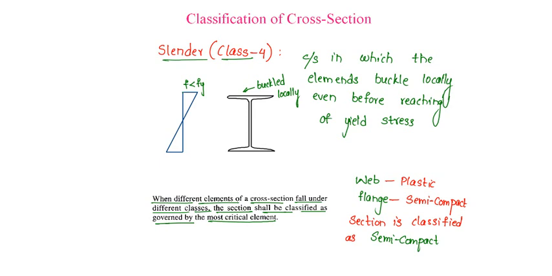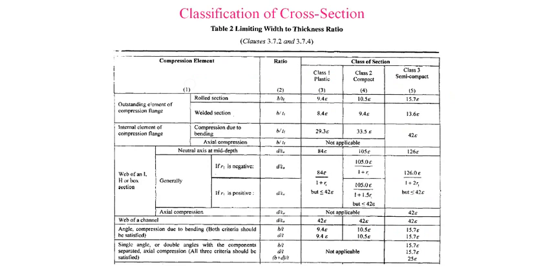The classification of sections is done based on the width to thickness ratio, that is, limiting width to thickness ratios given by IS 800-2007, based on compression element and based on the ratio of width to thickness.